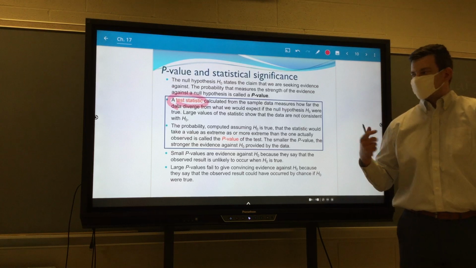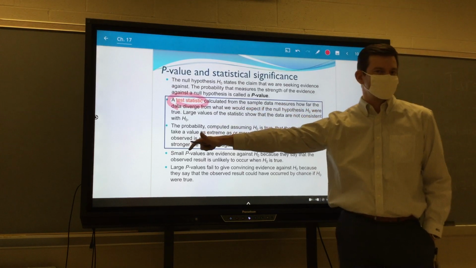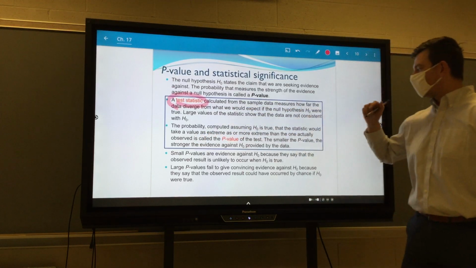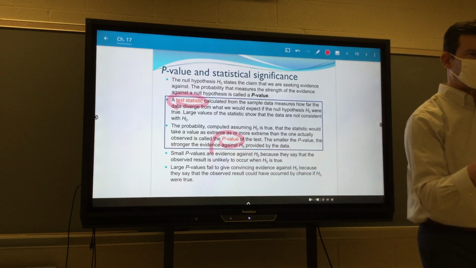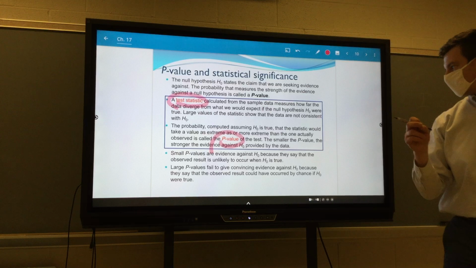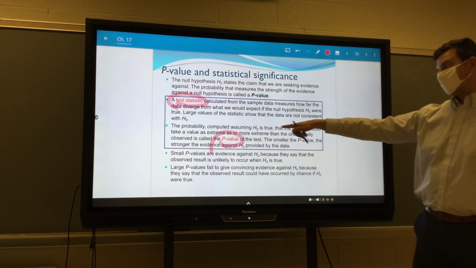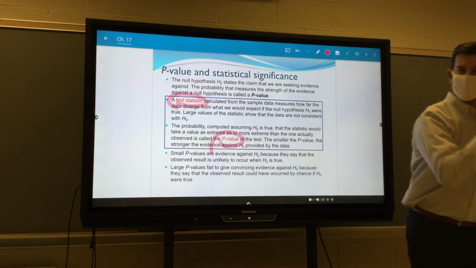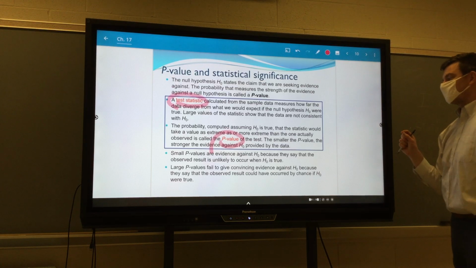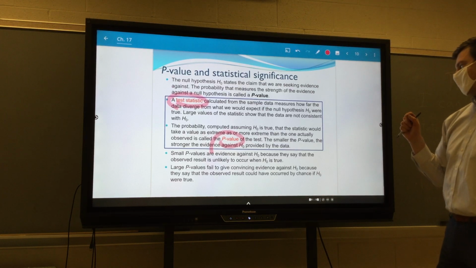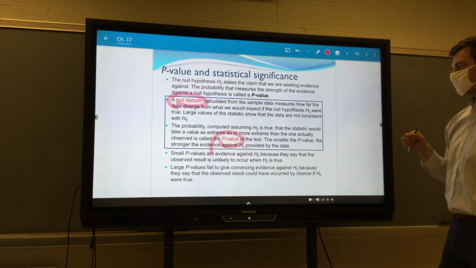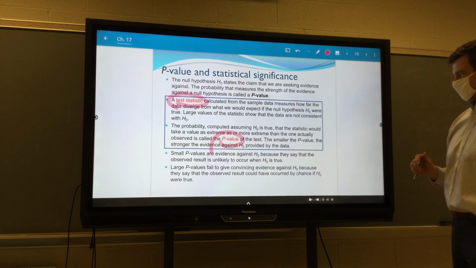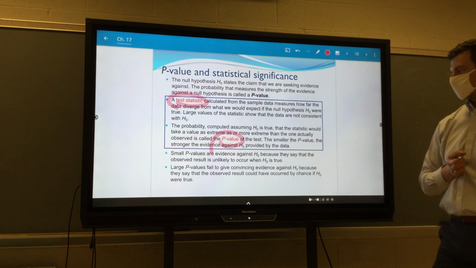All of these tests have their own test statistics, but they all come down to a p-value, because the p-value is the probability, computed on the basis that the null hypothesis is true, that the statistic would take a value as extreme or more extreme than the one actually observed.